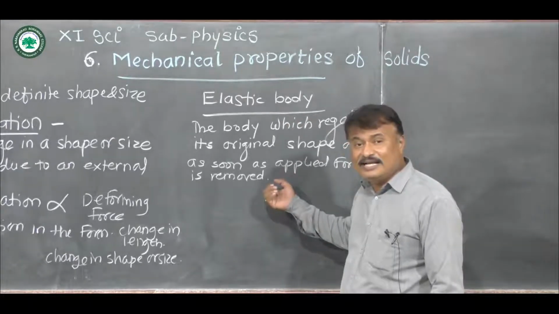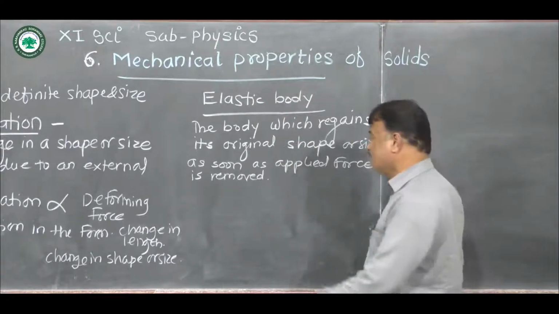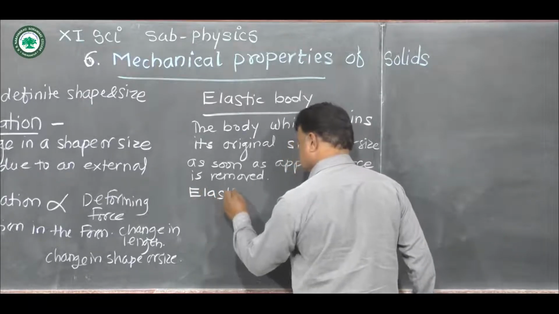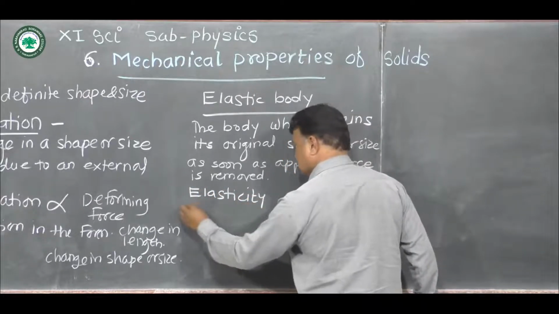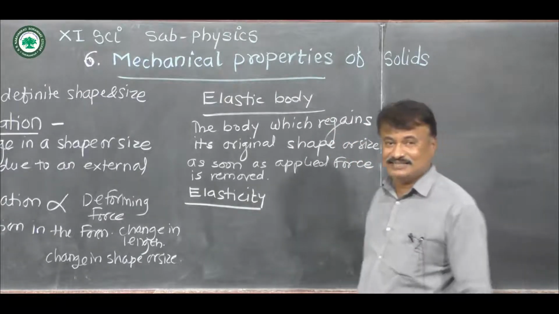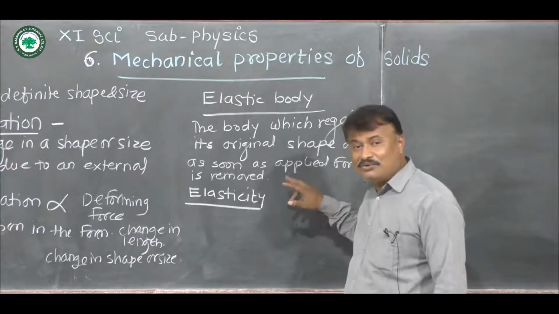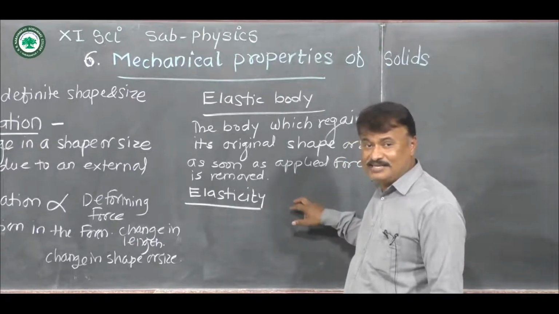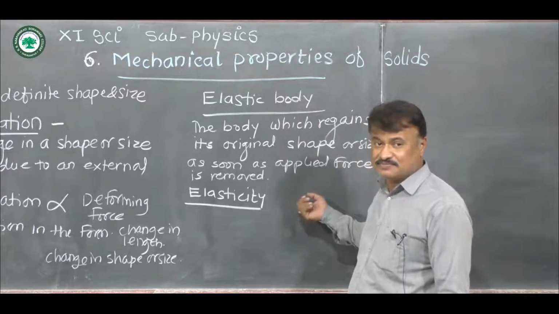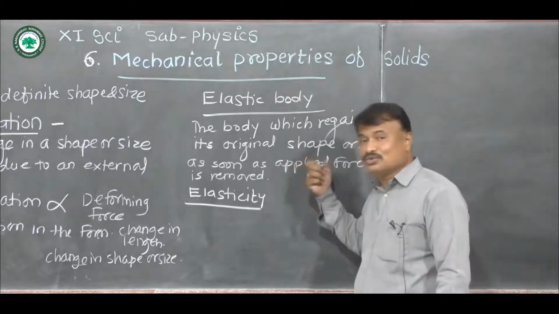Now, the corresponding property of elastic bodies is called elasticity. So we define elasticity. What is elasticity? The property by virtue of which a material body regains its original dimensions as soon as the applied force is removed.